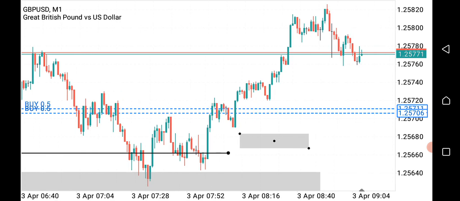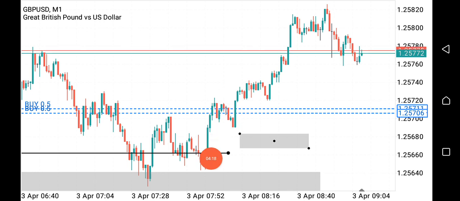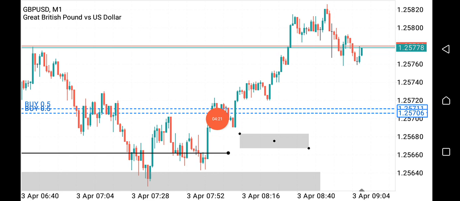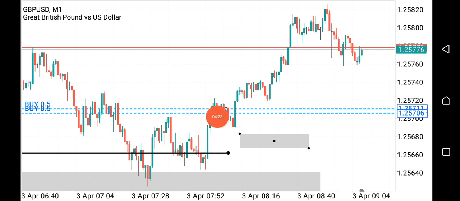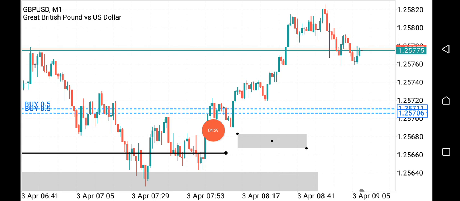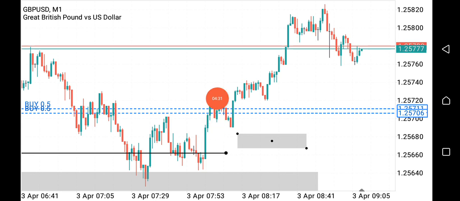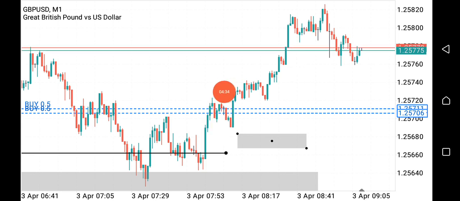Now you see what a breaker block means is that, okay, as the market gave us this right shoulder and was about going up, do you see this movement, displacement? Like, you see these candles are bigger and it went up straight. It didn't slow. They are all big, right? This massive jump or spike to the upside is called displacement.